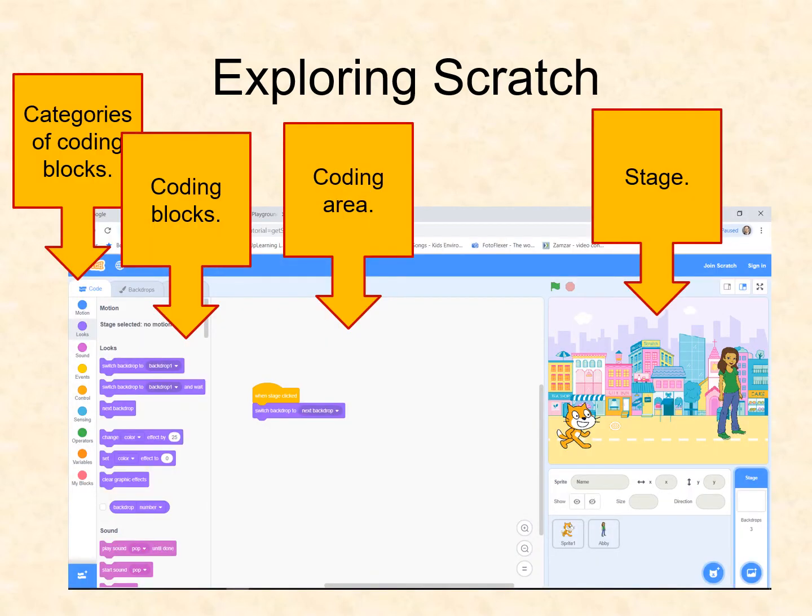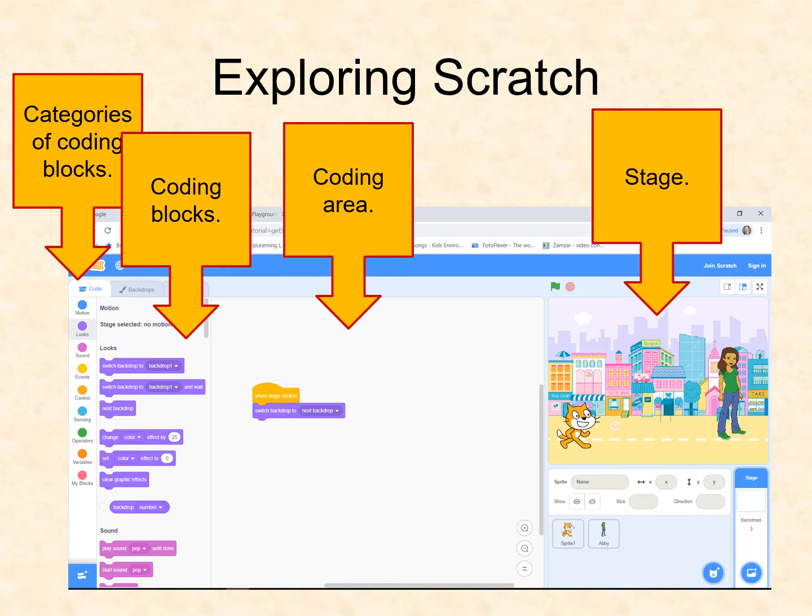When you enter Scratch, notice that on the right-hand side is the stage. And in this image, you can see the stage with a backdrop that looks like a city. You can also see two sprites. On the far left-hand side, you'll see those dots going down vertically, and those are categories of coding blocks.